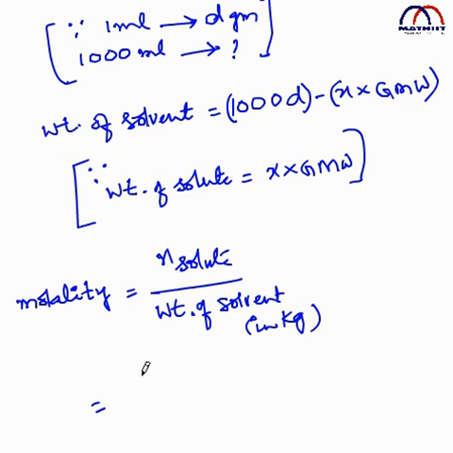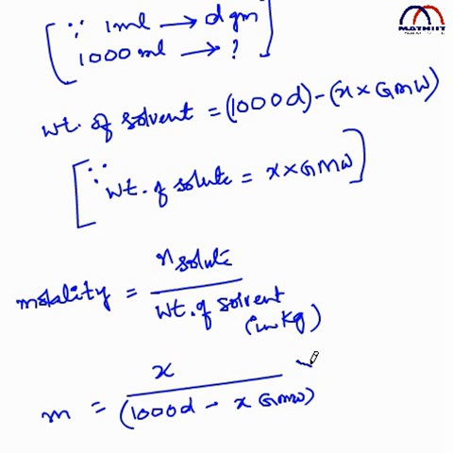Now number of moles of the solute, what we have seen? X by, then what is the weight of the solvent there? Weight of the solvent here we have calculated, that is 1000 into d minus X into gram molecular weight. This is the weight of the solvent, but it should be in kilograms. That is why I am dividing with 10.